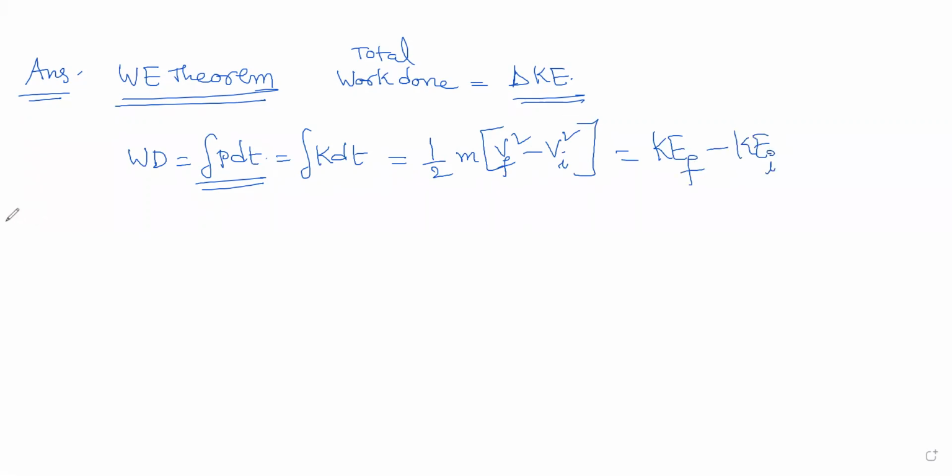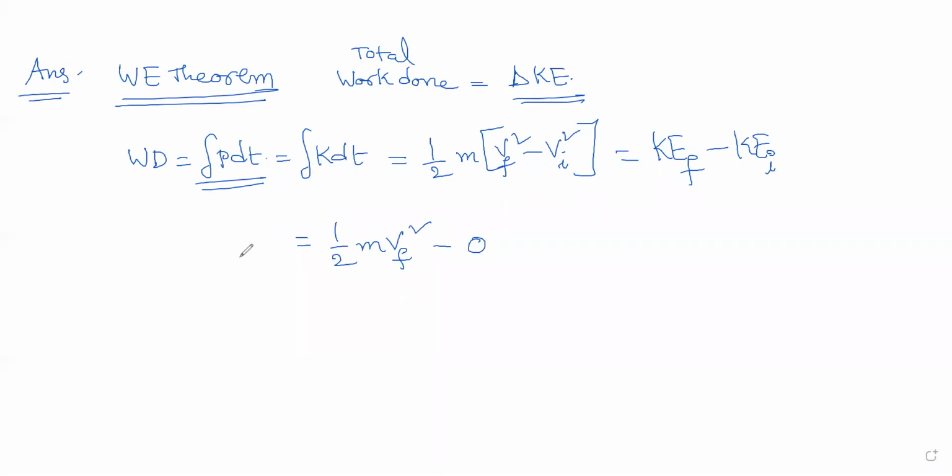Now what is KE final? That is half m v final square. The body has started from rest, so the initial velocity is 0, so this part is 0.